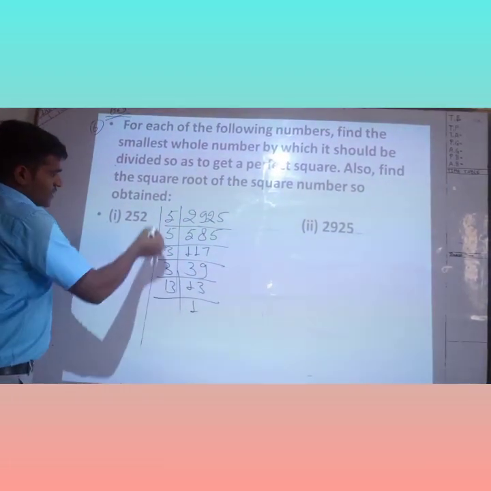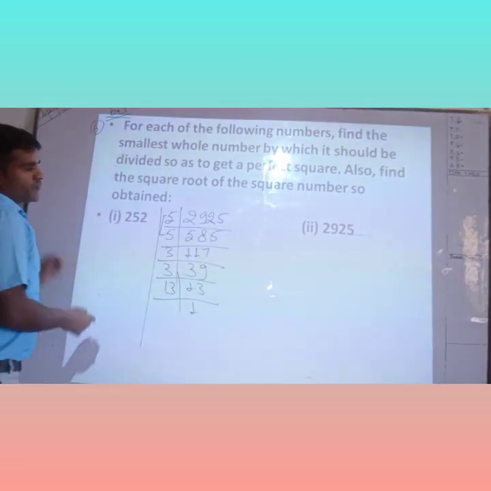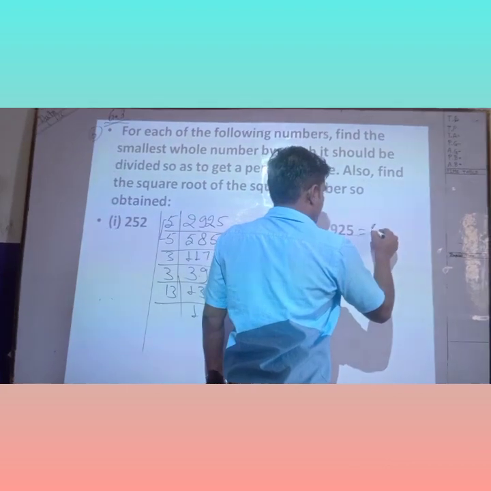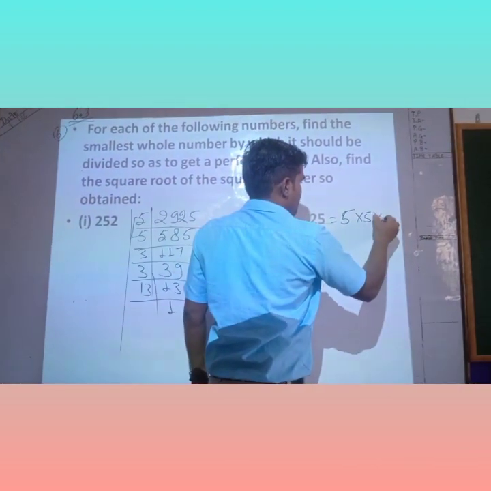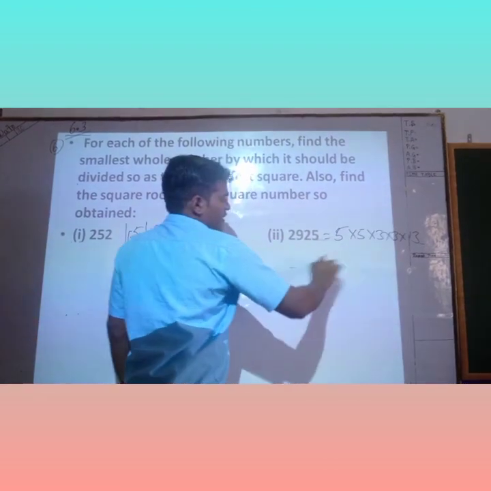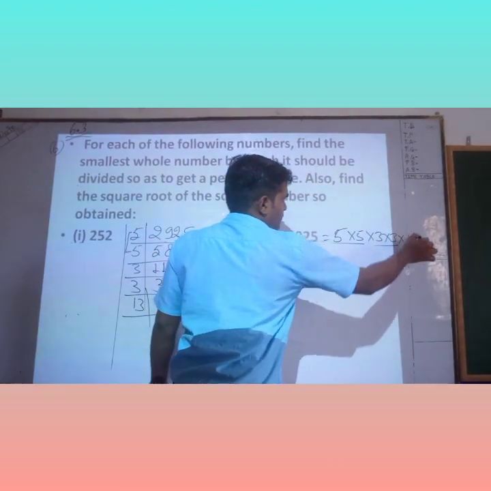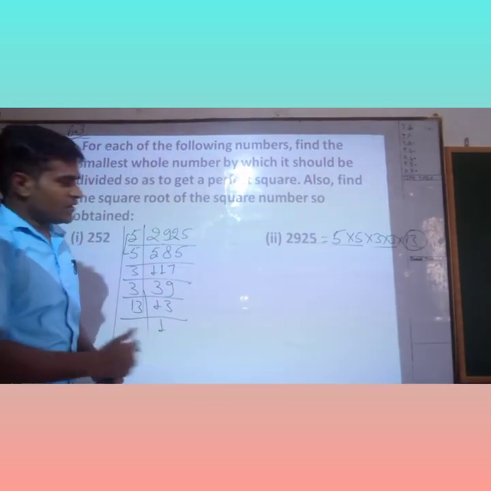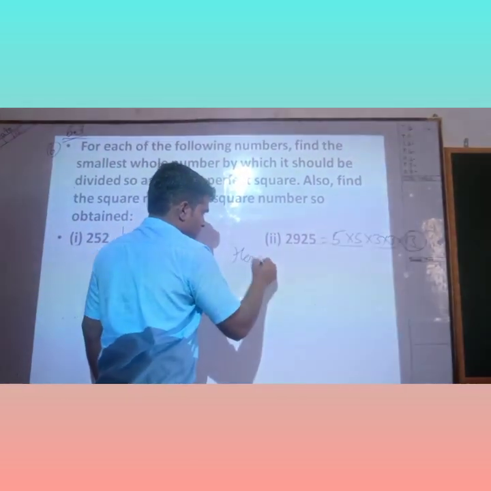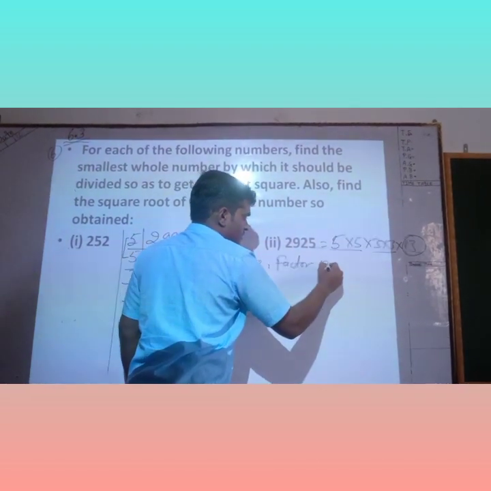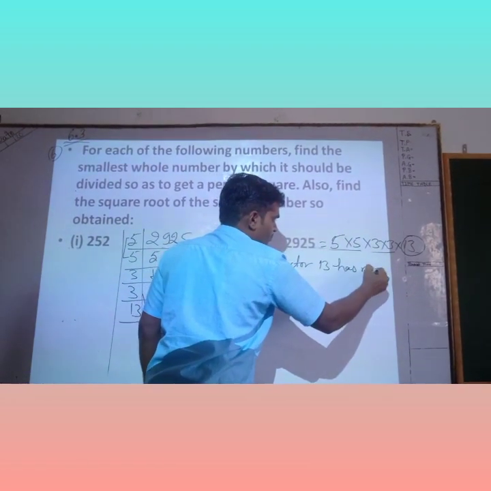So the prime factors of 2925 are 5 into 5 into 3 into 3 into 13. So here 5 has a pair, 3 has a pair, but 13 has no pair.